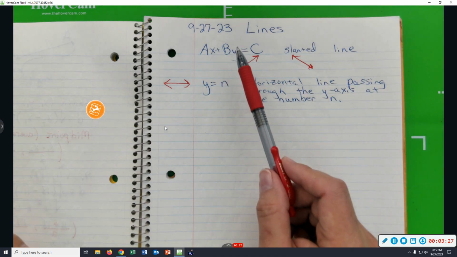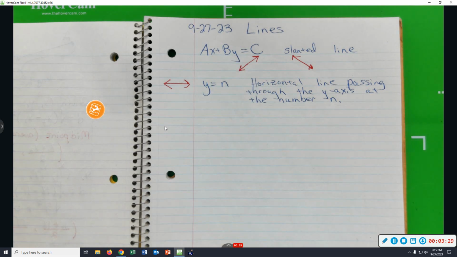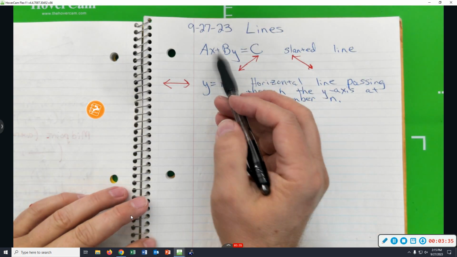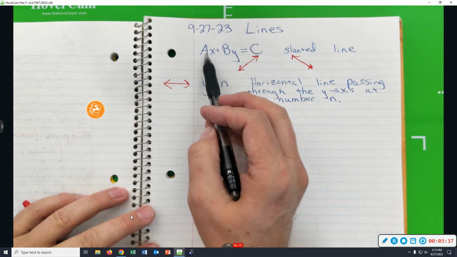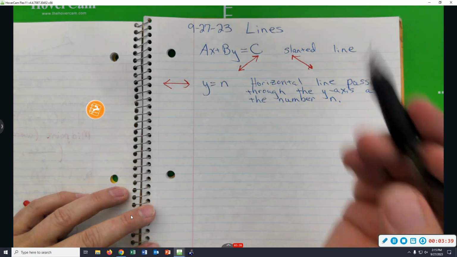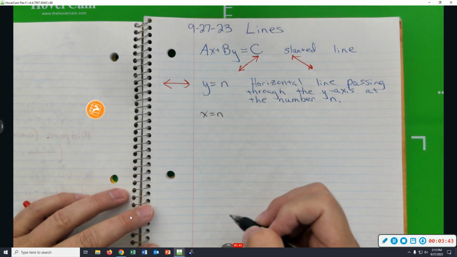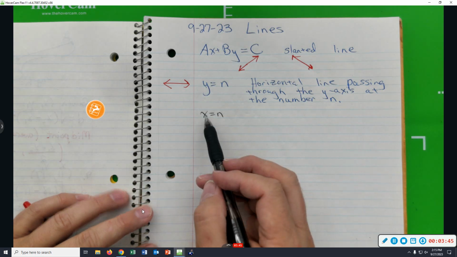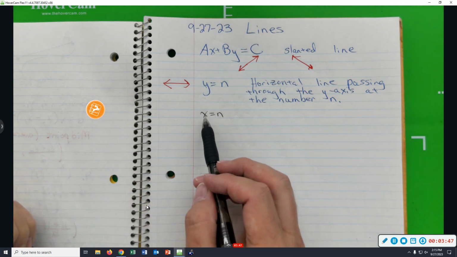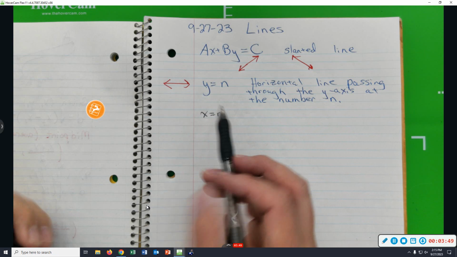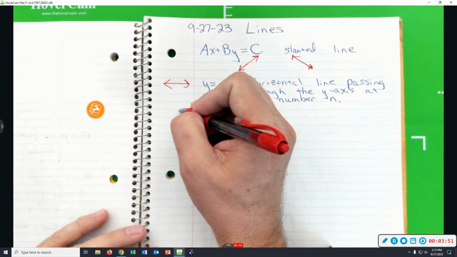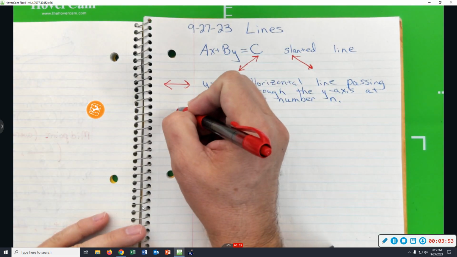So suppose you don't have a y. In that event, you have just the variable x, and so you can solve for x. If there's a coefficient in front of x, divide by it. You want the equation in the form x equals a number. If your equation can be written so it's just x equals a number, your graph is going to be a vertical line, up and down.